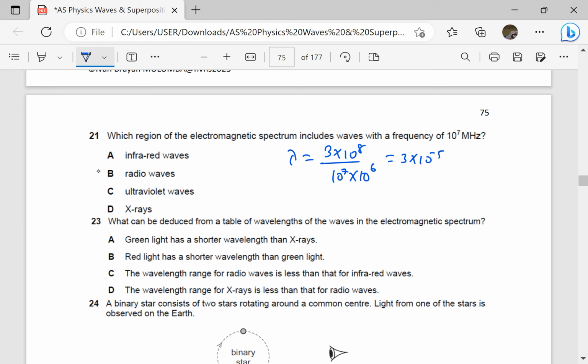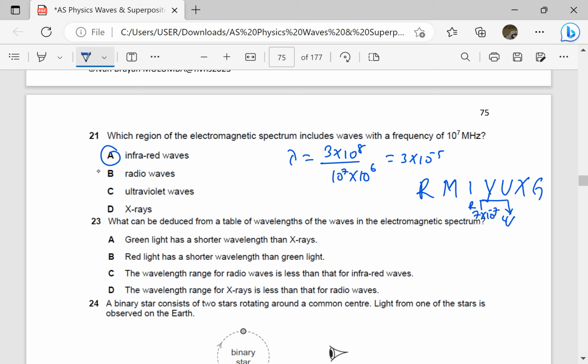This is on the left hand side of the visible spectrum, which is most likely infrared. So the answer here is going to be infrared. Because when you look at the visible spectrum, this is 7 times 10 power negative 7 on the left hand side, which is red.